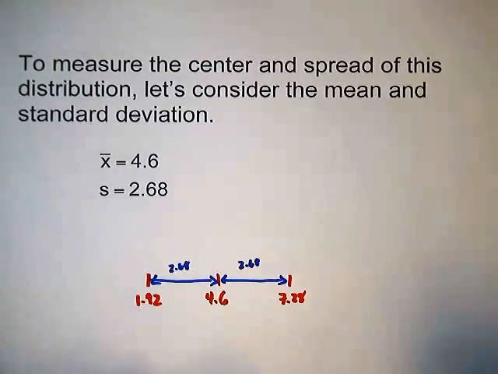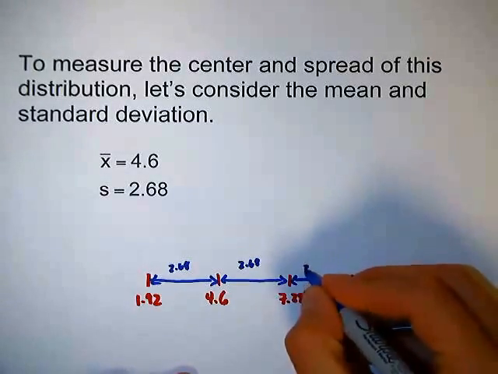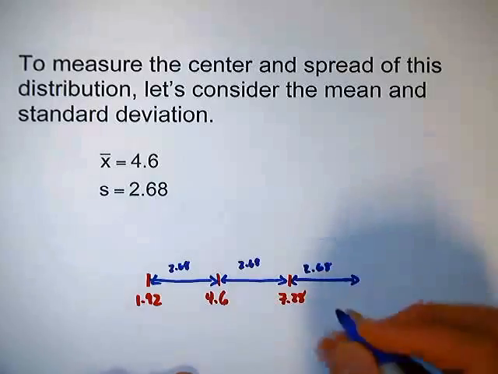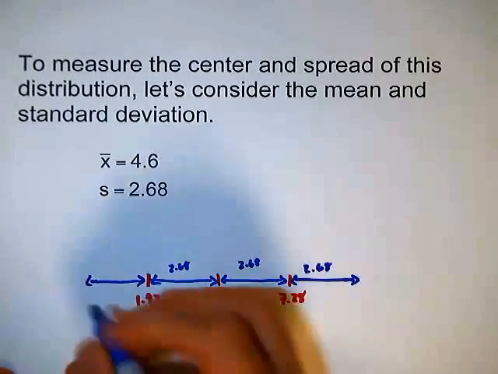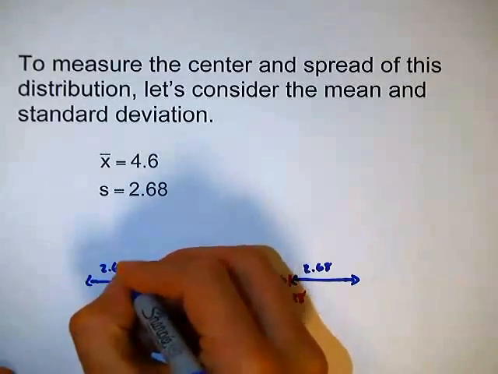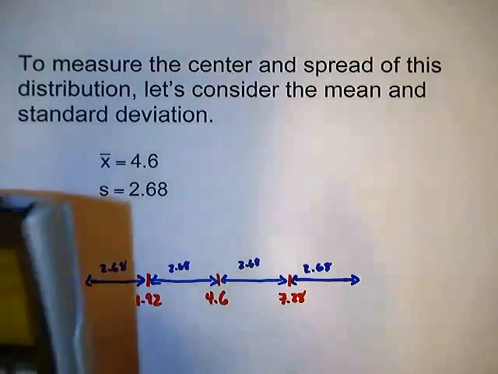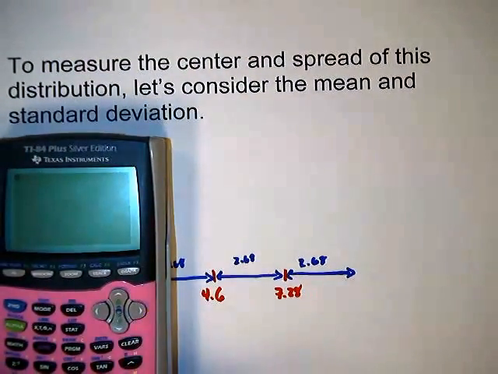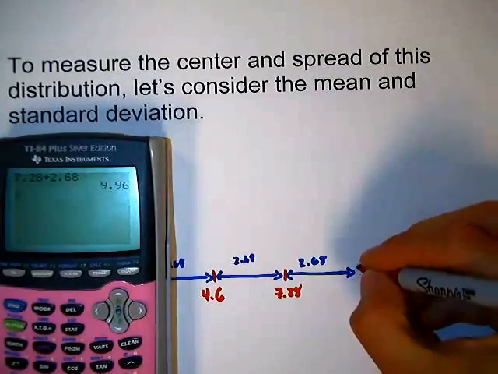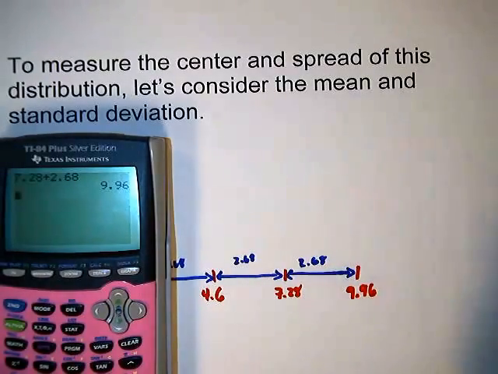Okay, let's go now one more standard deviation above the mean, trying to make that about 2.68 again, and we'll go another standard deviation below the mean. Again, this is 2.68. Let's determine now what these values are. If we are now 2.68 units above 7.28, that's going to give me a value of about 9.96.